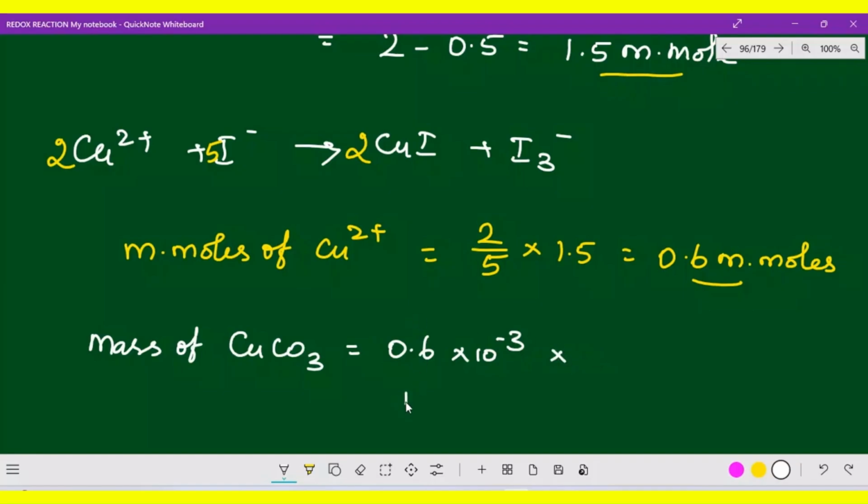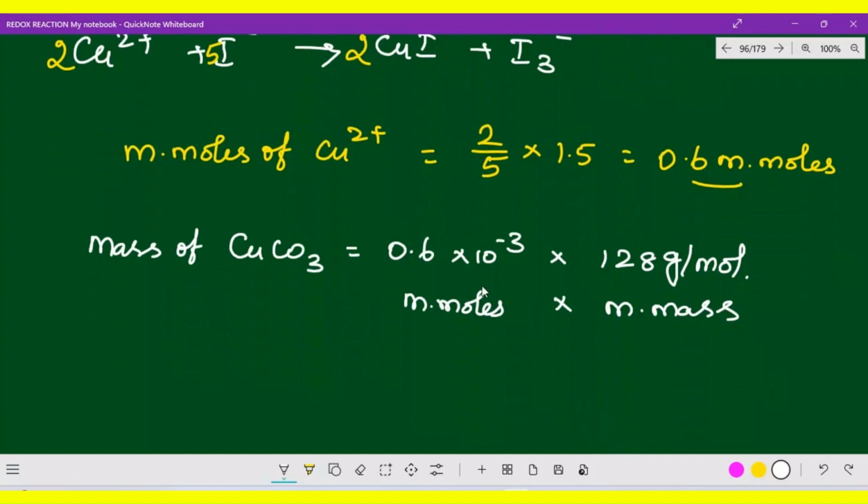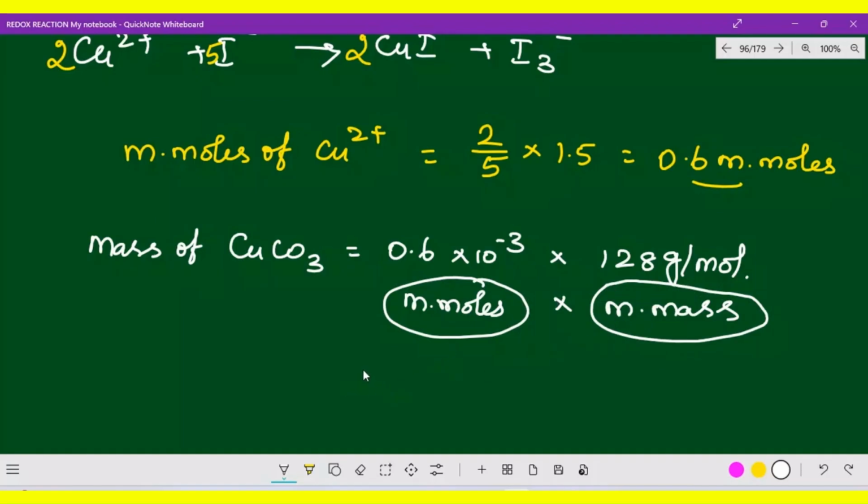Generally, mass equals moles into molar mass, that you know, right? Millimoles into molar mass. The molar mass of copper carbonate, in the question they mentioned 128 gram per mole, right? This helps us apply the values.